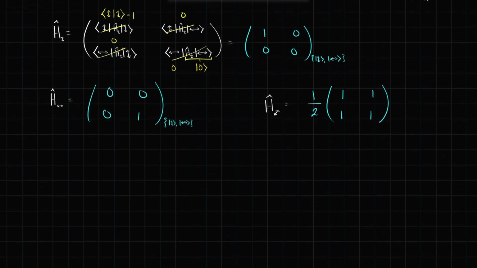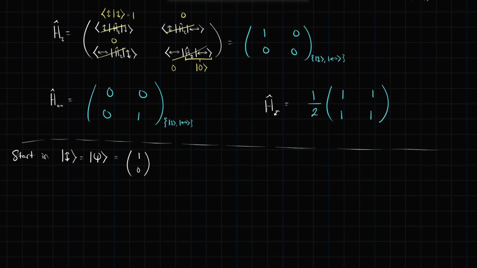So to compute, let's say we start in the up-down state. Let's say this is psi, our current state, which is the case that we started with when we talked about polarization. We started in an up-down polarization. This has a representation 1, 0. There's two different scenarios, right?